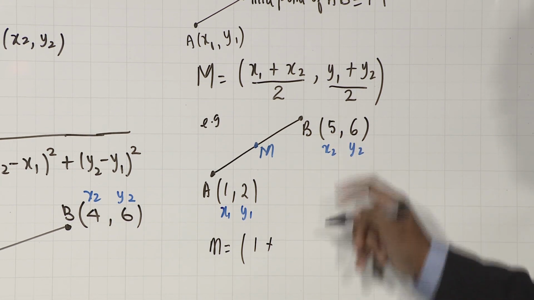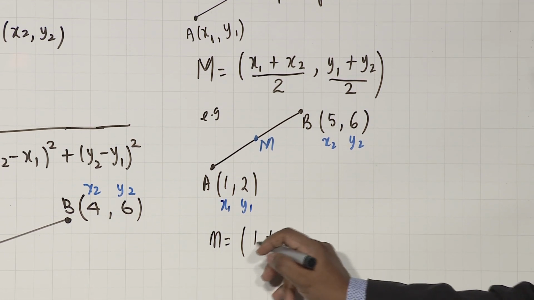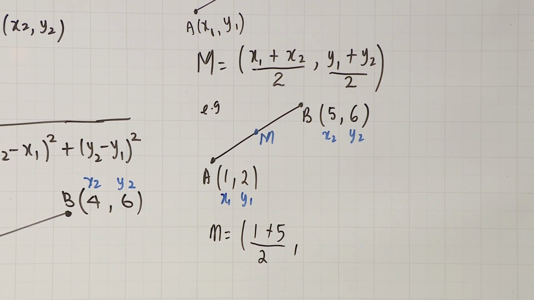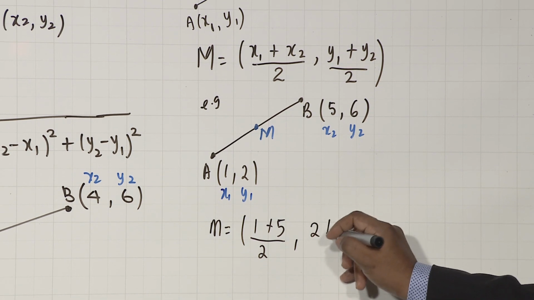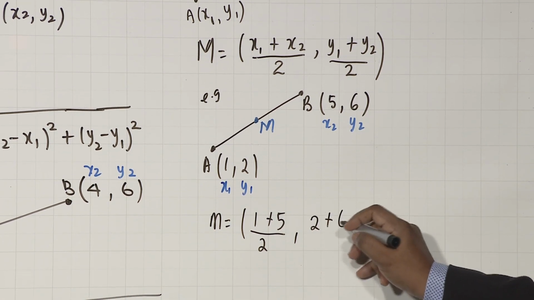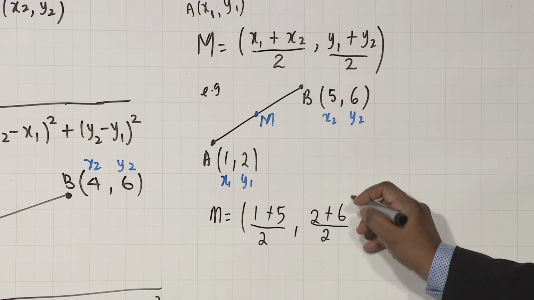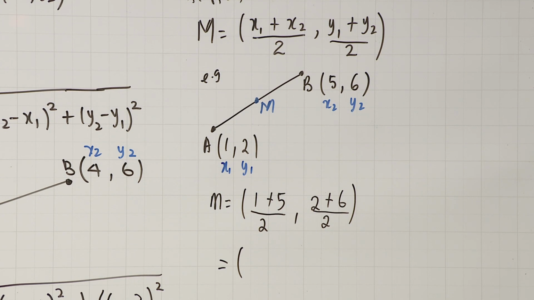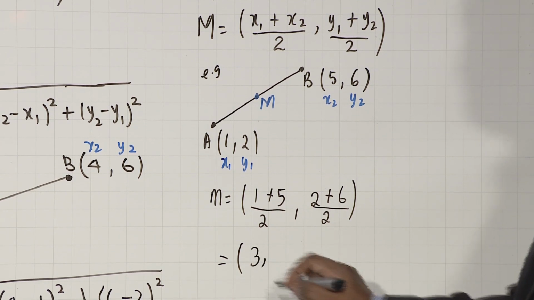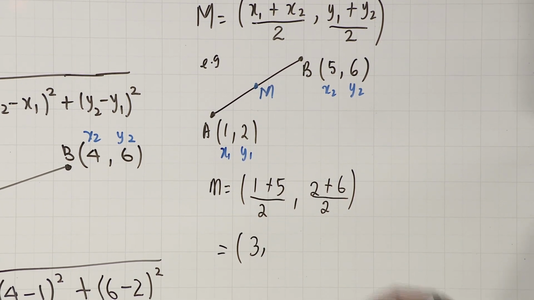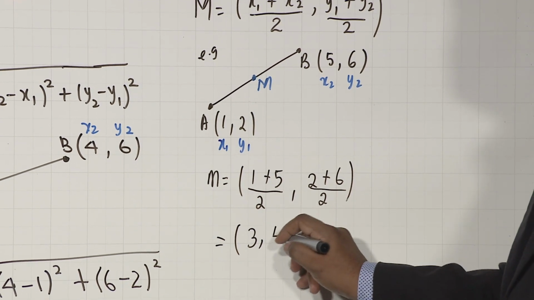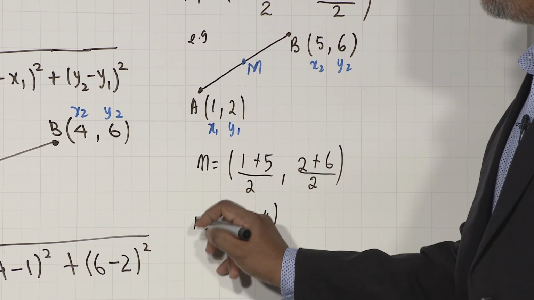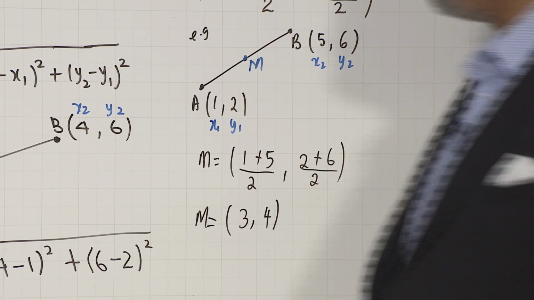What is x2 here? 5, divided by 2. y1, which is 2, plus y2, which is 6, divided by 2. So this gives us 1 plus 5, 6 divided by 2, 3. 2 plus 6, 8 divided by 2, 4. 3, 4. That's the coordinates of the midpoint.